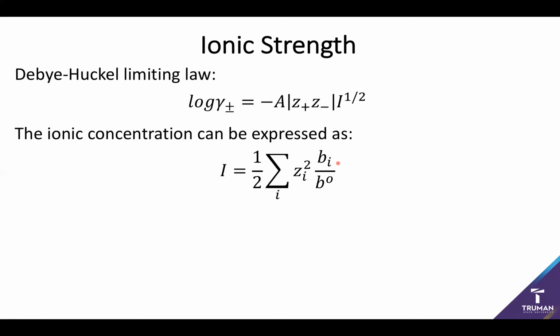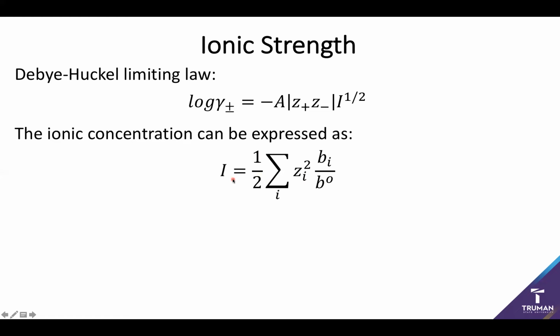And then we'll add this up for each of the individual ions present in solution, and then divide by 2. And this is going to be the effective ionic strength of our solution.